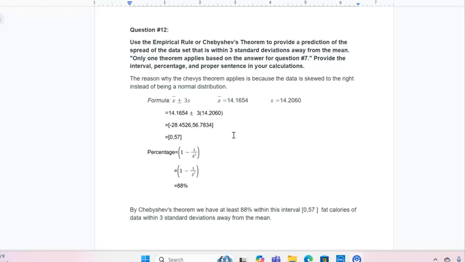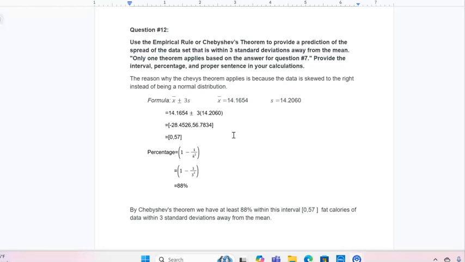And because we can't have a negative value, we changed that to 0, which leaves us with our interval of 0 to 57. The way that we got the percentage for this is with the formula of 1 minus 1 divided by k to the power 2.